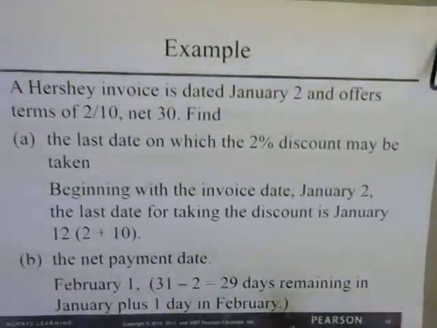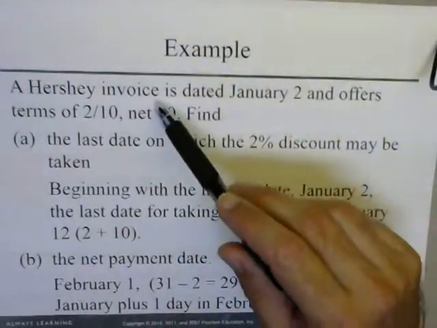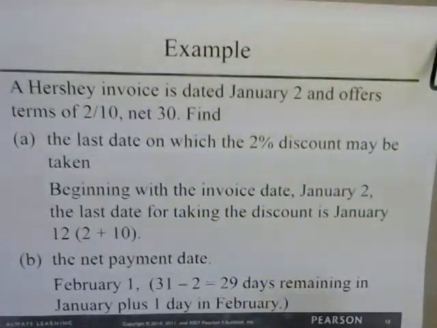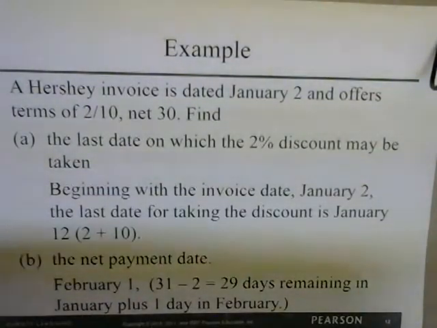If you go back and look at the invoice we were just looking at, its invoice date is January 2nd. Sometimes it can be hard to tell what the invoice date is. Is that the date that they received the invoice, or when it was shipped and things like that?